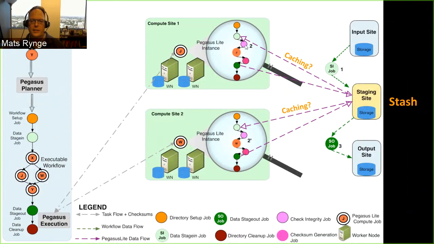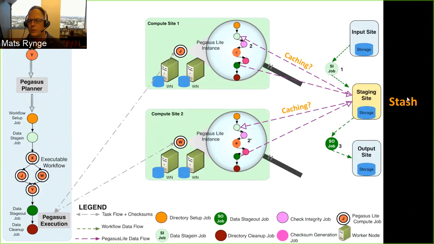It's going to do integrity checking of the data, run the job, obviously, and at the end of the job, it will add some checksum generation, stage data out, and then clean up. This is stuff the workflow system adds to your workflow without you having to worry about it.